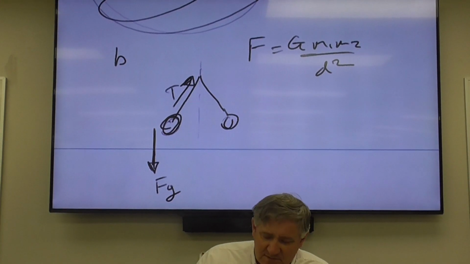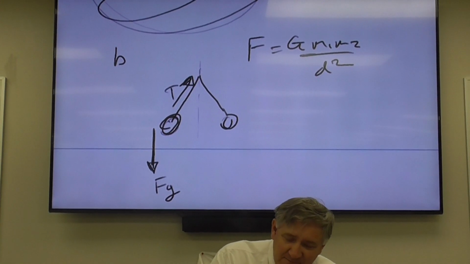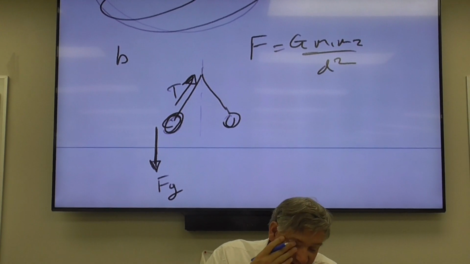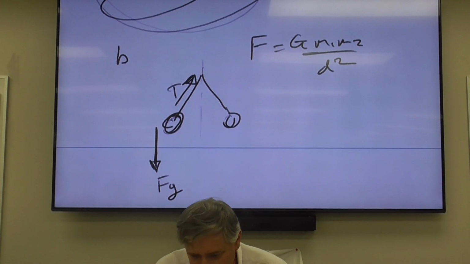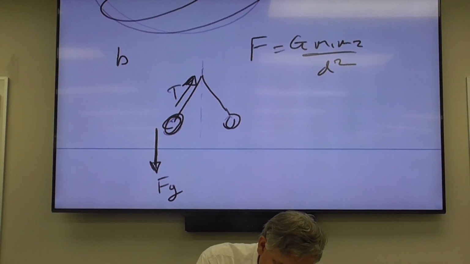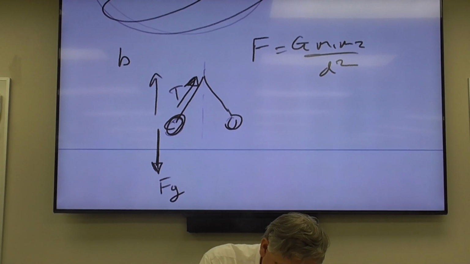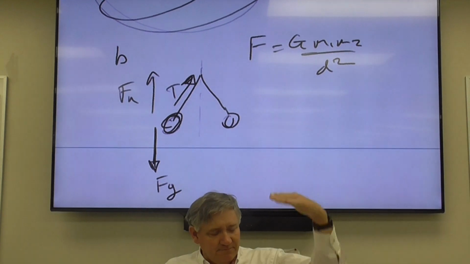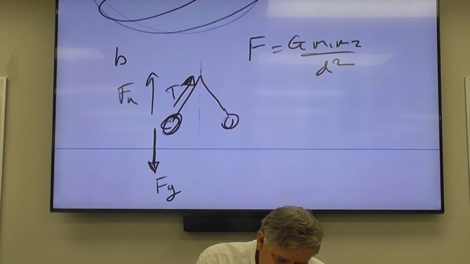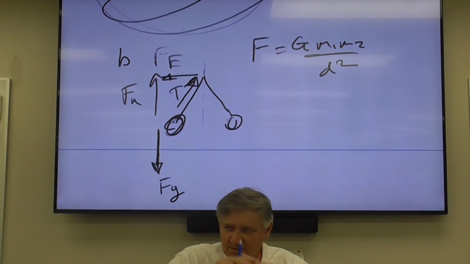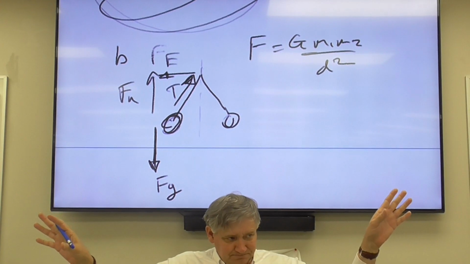Neglecting the buoyant force, which you can't in your lab today, but for this one you can neglect the buoyant force because it's such a small fraction. So you've got gravity pulling it down, and that means your normal force is just going to be balancing out that side. And then there's going to be an electric force that's going to push these two apart, okay?